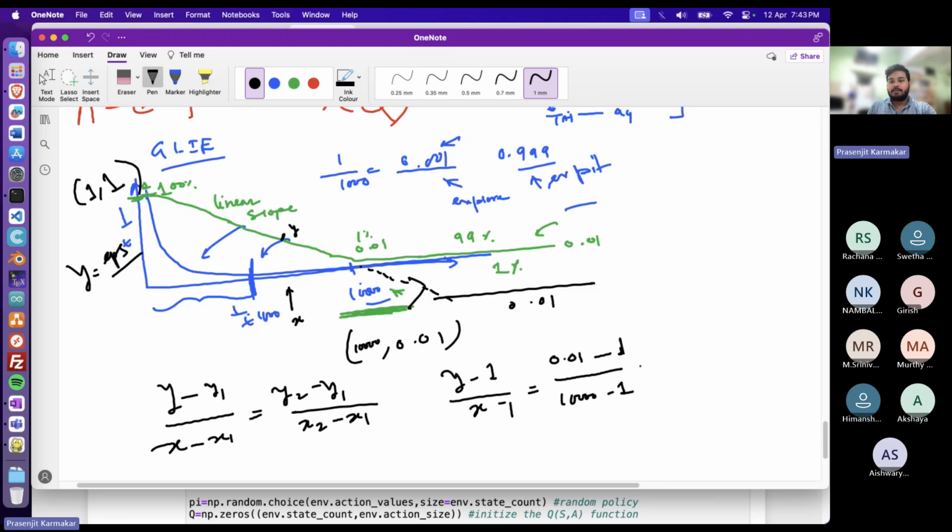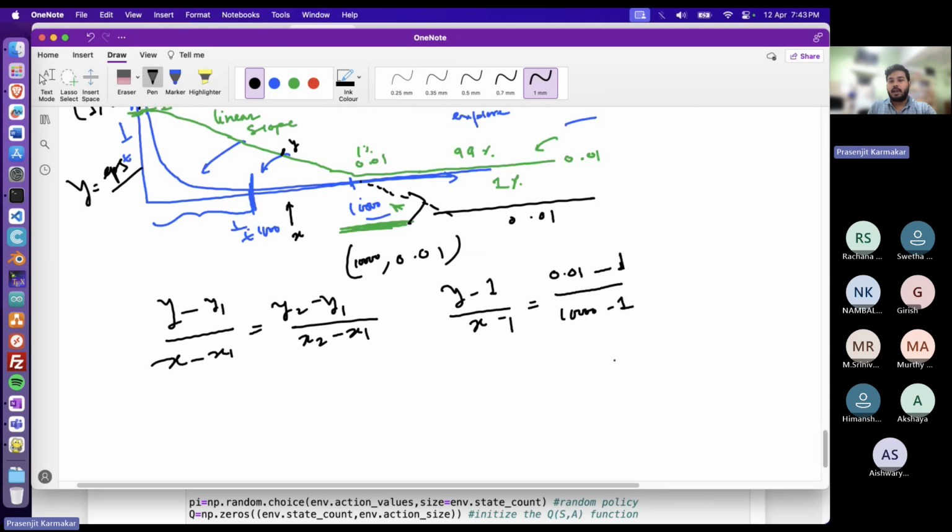So if I just expand this out, or just put y as epsilon, right? Y is epsilon. So y is equal to (0.01 minus 1) divided by (10,000 steady state minus 1) times whatever the intermediate x value is, or basically t, right?